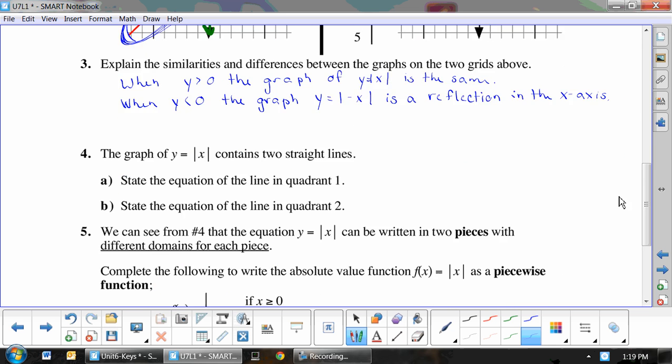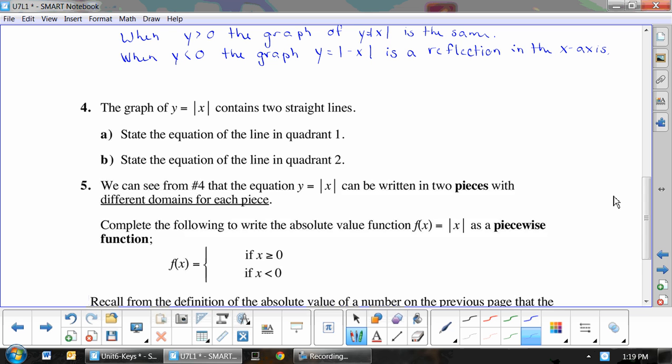Okay, so if we go down to here, we can see that our equation of our absolute value is kind of like two different pieces, right? The part that goes up to the left and the part that goes up to the right. And so the thing with this is that each of these pieces has a different domain. Okay? And so we can write these in what we call a piecewise function.